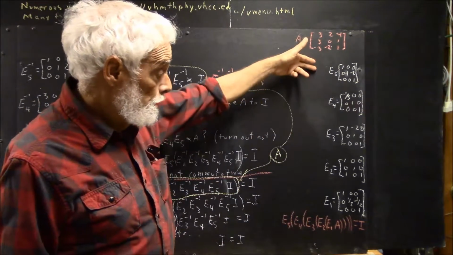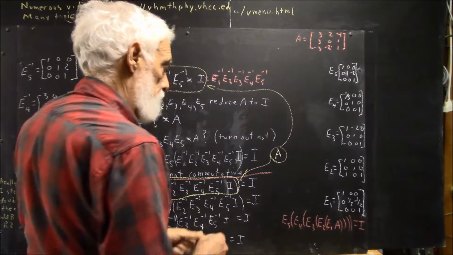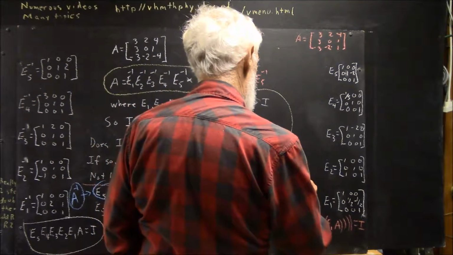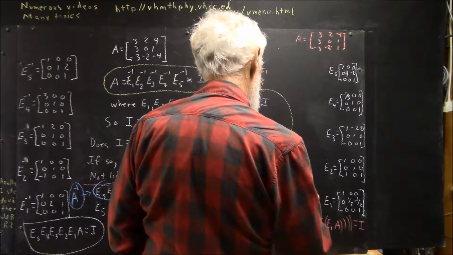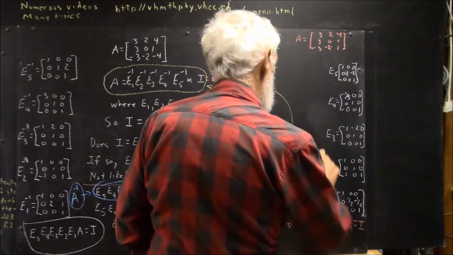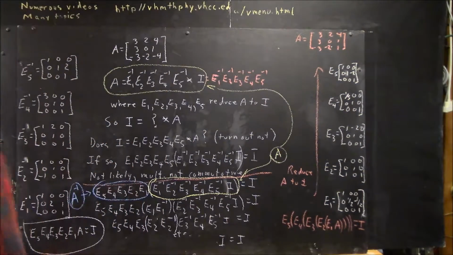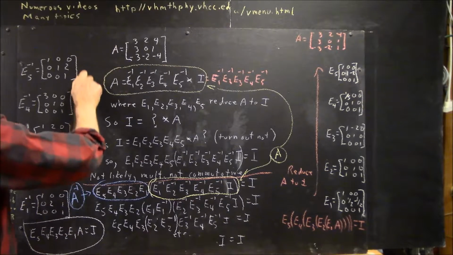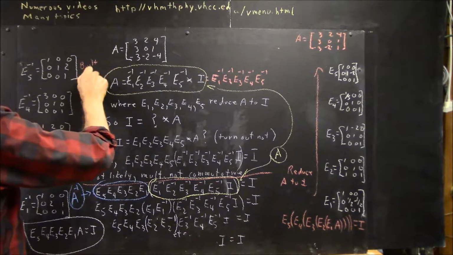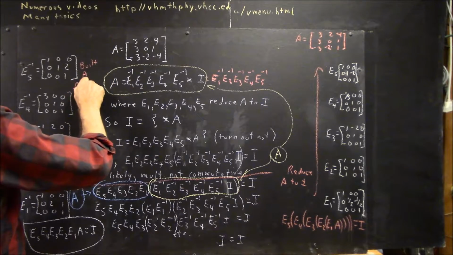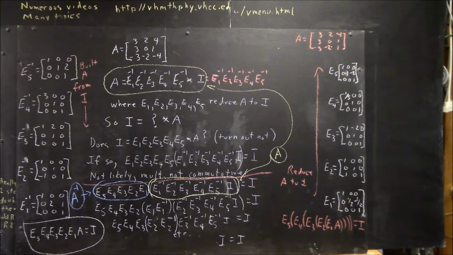These are the matrices you use to reduce A to the identity, by this sequence. This is a sequence where we built A from the identity.